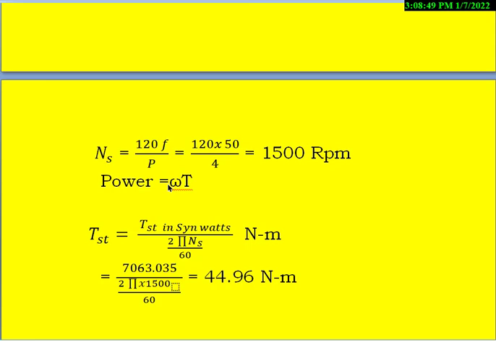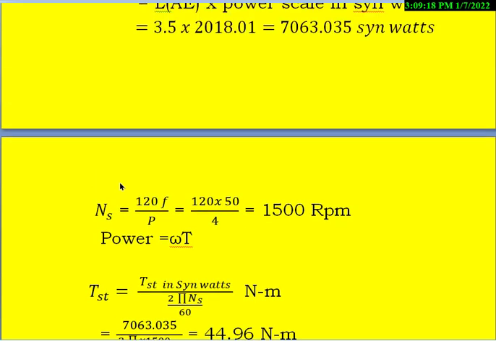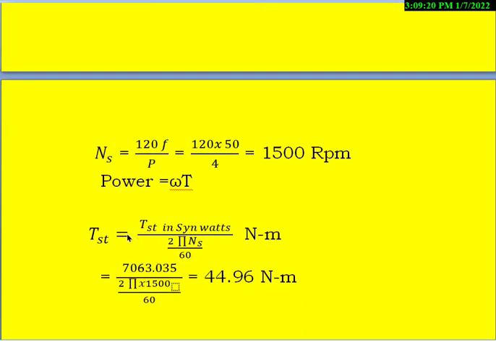So we know the power equation is P equal to 2 pi N T by 60. That 2 pi N by 60 we represent as omega. So we write power is equal to omega into T. Now we know TST, that is the starting torque.